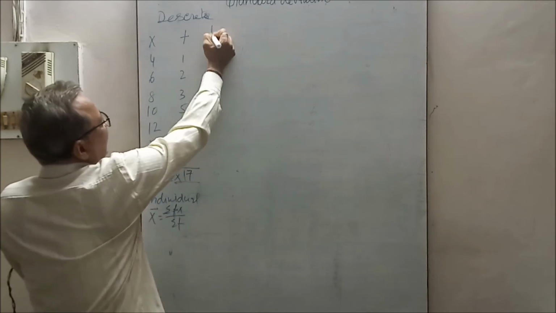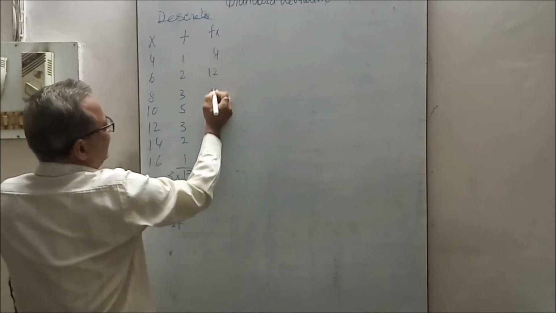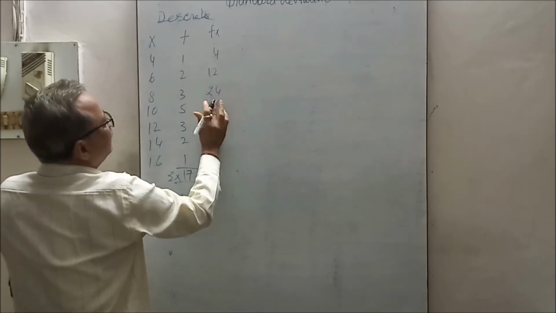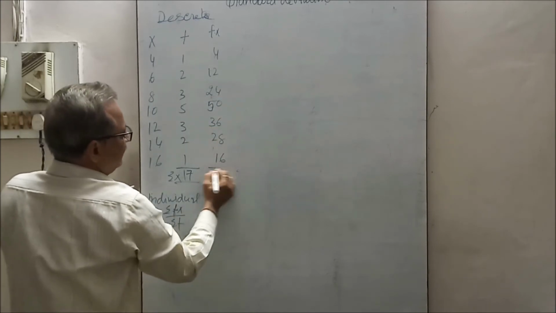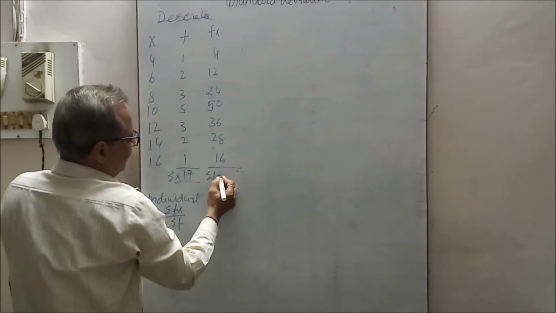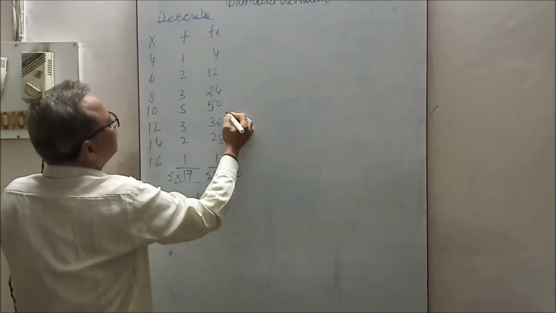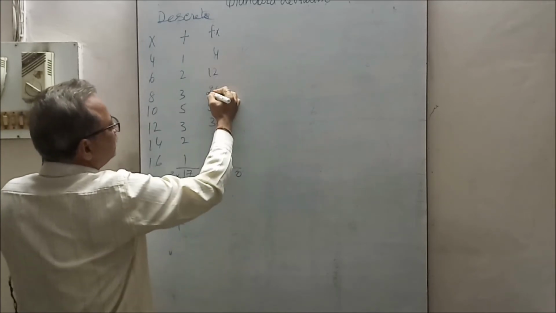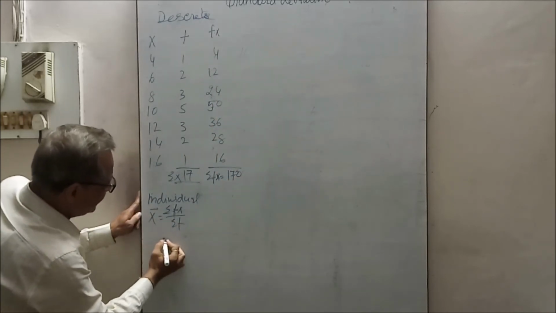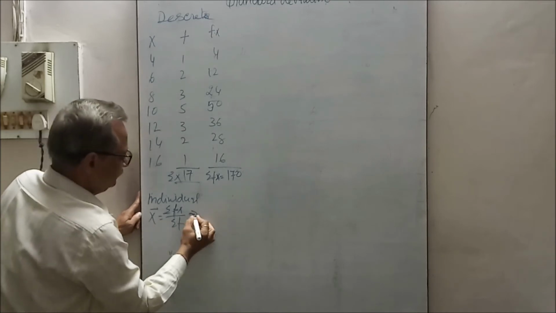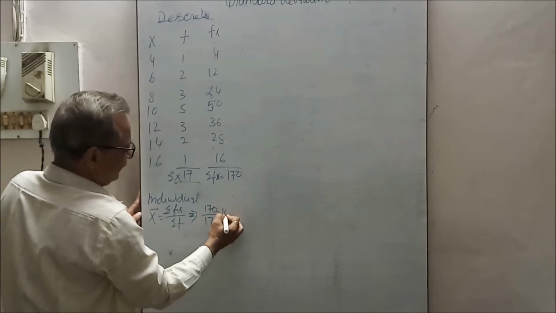First of all we find fx, that is f into x: 4, 12, 24, 50, 36, 28, 16. The total is 170. Then the average mean is 170 upon 17, that is 10.